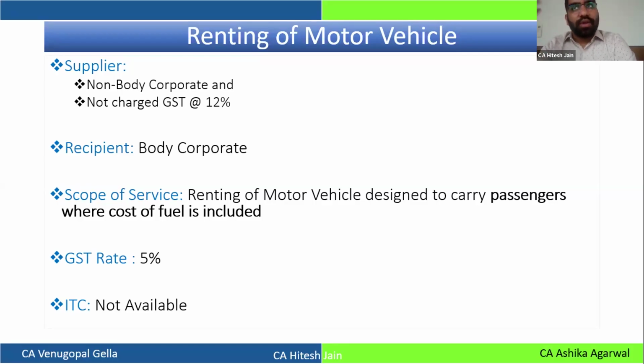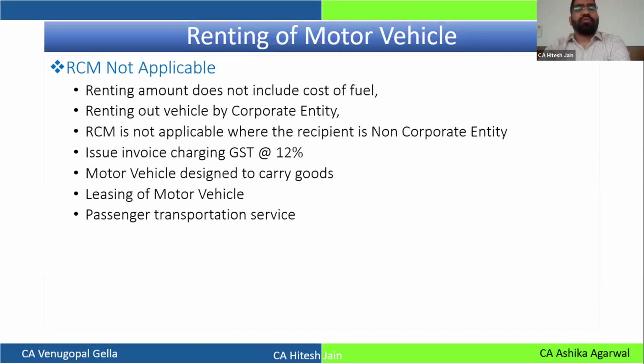And will ITC be available? No, ITC will not be available in this case because it comes under block credit. Any cost which you incur on behalf of your employees, until and unless it is mandated by law, is not eligible for claim. Secondly, even if it is mandated, it being a motor vehicle designed to carry passengers, if the seating capacity is less than 13 persons, then also it is blocked under 17(5).